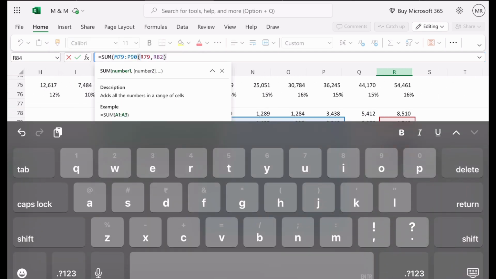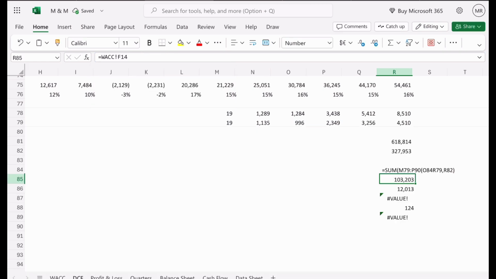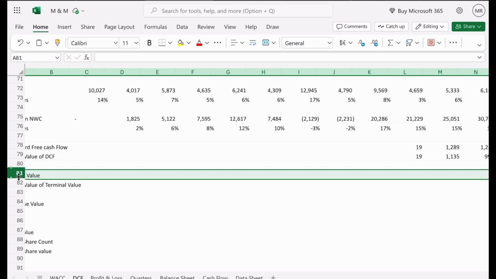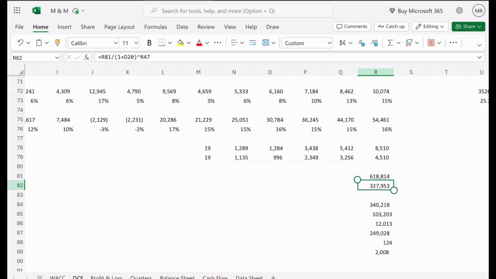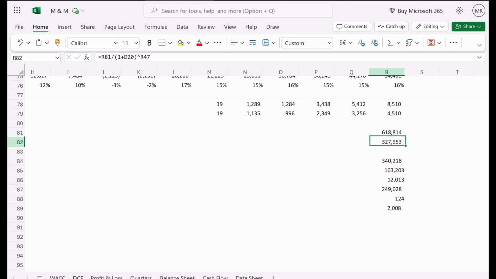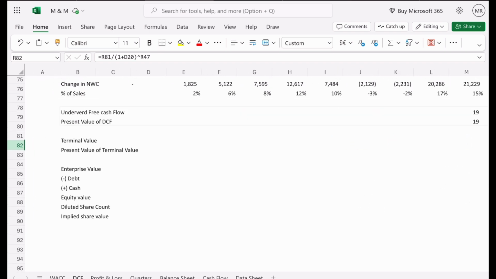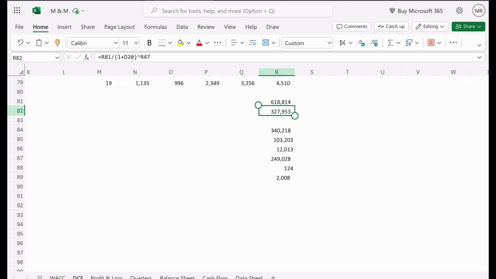One thing I'd like to explain is that this terminal value is the terminal value of the company after 5 years, and we discount it back by the rate of interest to the present value. So that's what DCF modeling is. And we subtract the debt and add the cash. So the equity value comes to be this number.